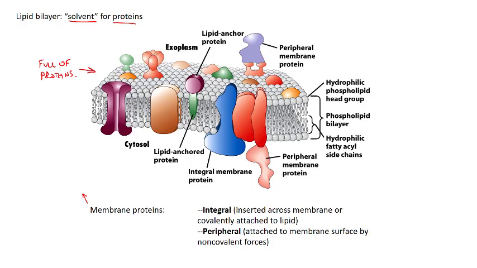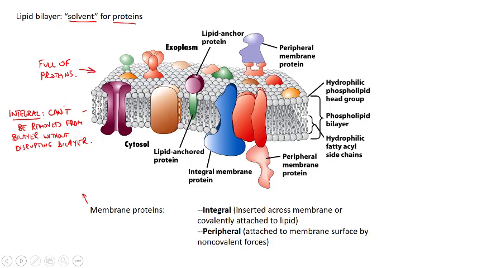Different textbooks differ on how they define or draw the boundary between an integral or a peripheral membrane protein. Here's how I'm going to have you learn the difference. An integral membrane protein can't be removed from the bilayer without somehow disrupting the bilayer, using, like, detergent or some sort of organic solvent to dissolve away all the lipids.